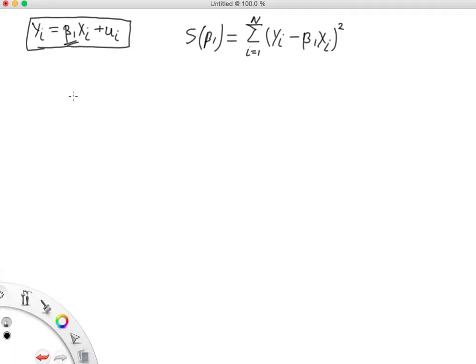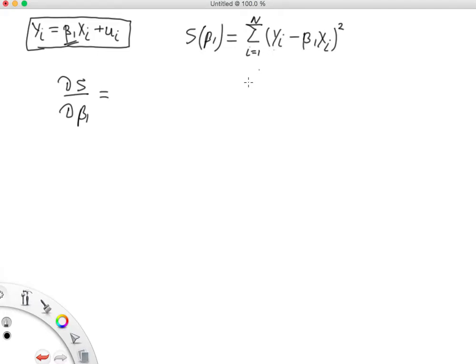So when you take the derivative with respect to beta 1 of this sum of squared errors function, assume that this summation is not present and this i is not present.